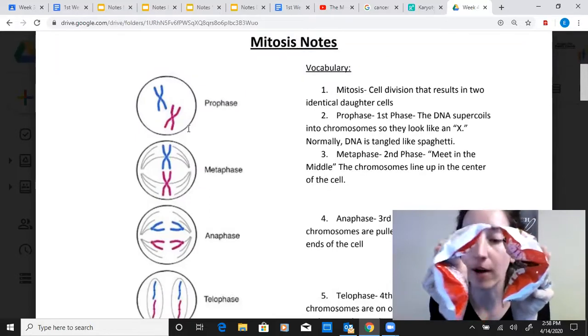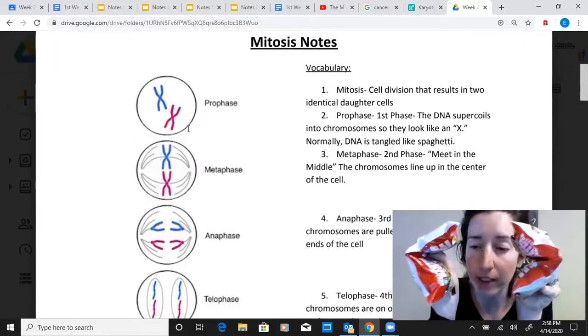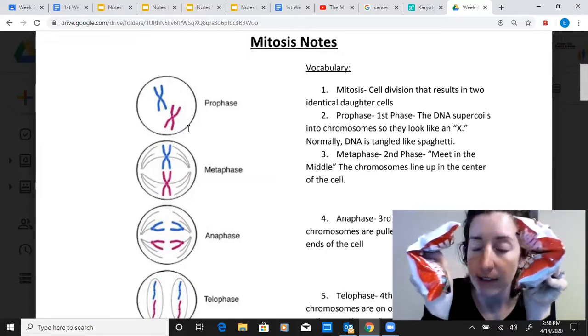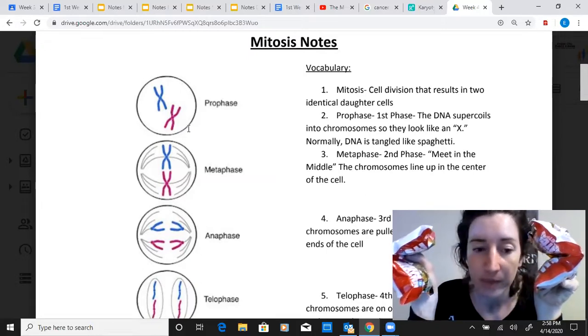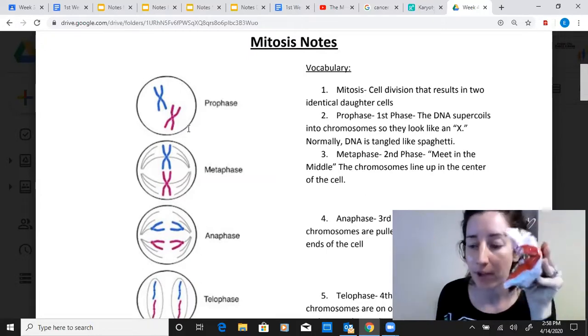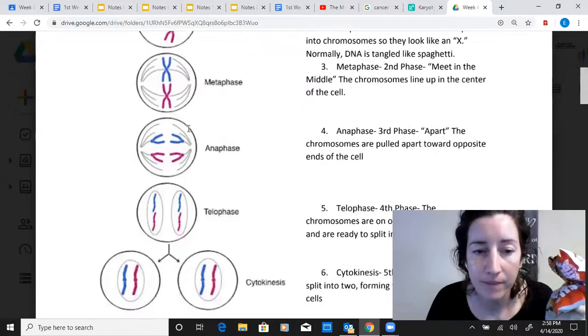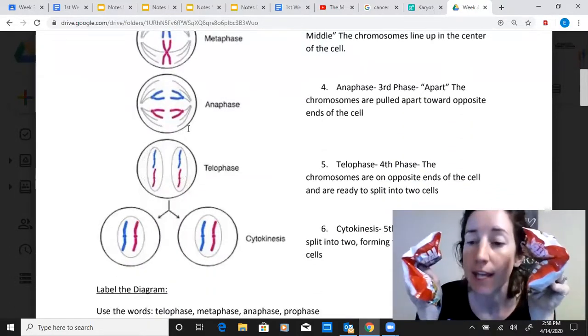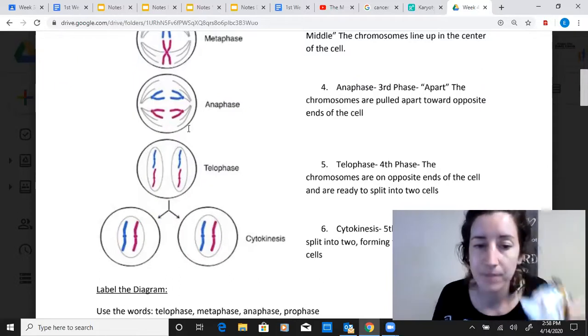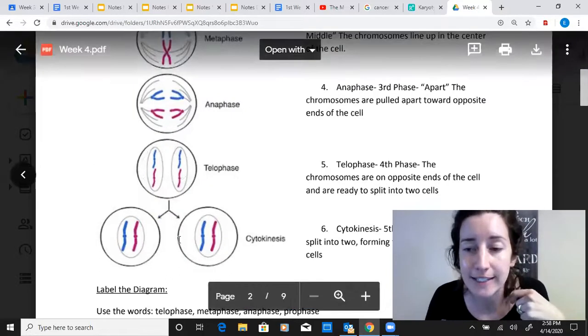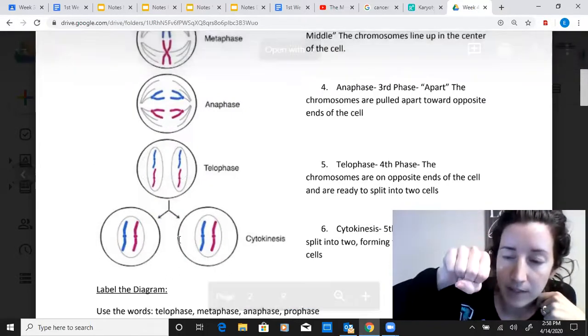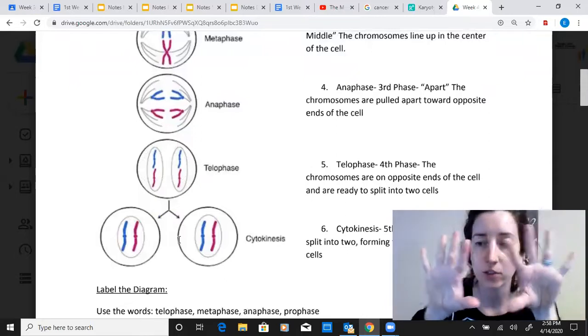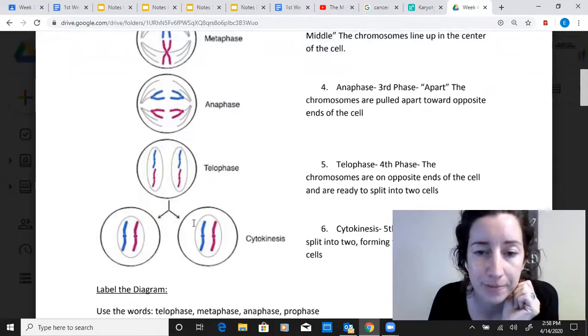They're going to pull apart, and they kind of are pulled this way, like this. And then telophase, they're on opposite sides of the cell, same cell, but on opposite sides. And then in cytokinesis, that cytoplasm in the middle is going to split into 2 identical cells.